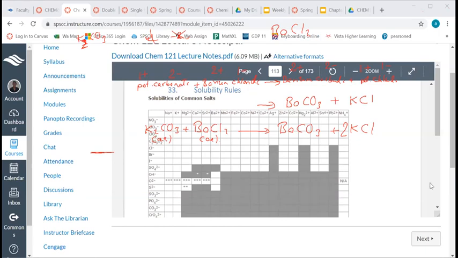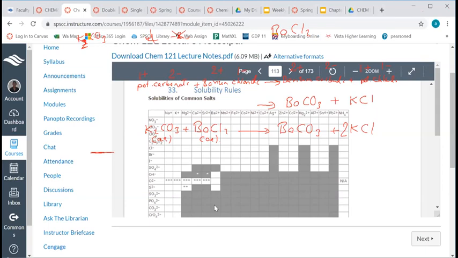Soluble or insoluble? Insoluble, yes. How do you figure it out? So you just go down here, barium and the carbonate, it's over here. So the black one, it is insoluble.